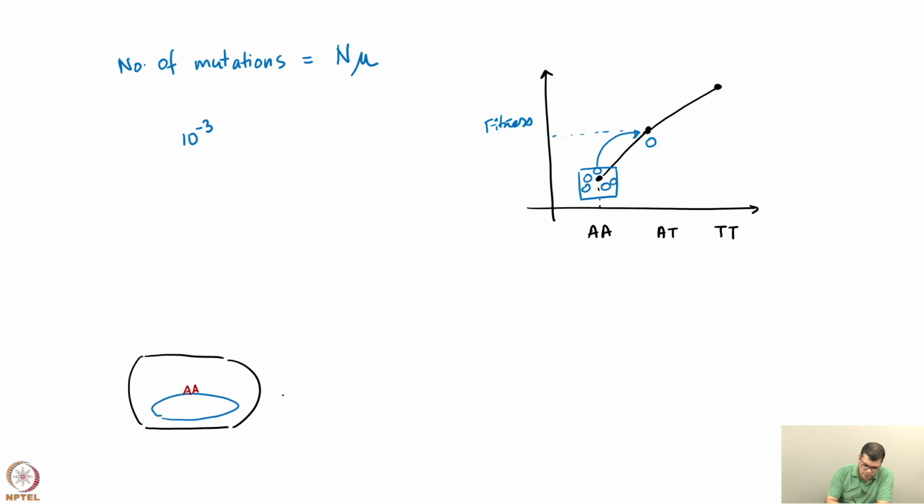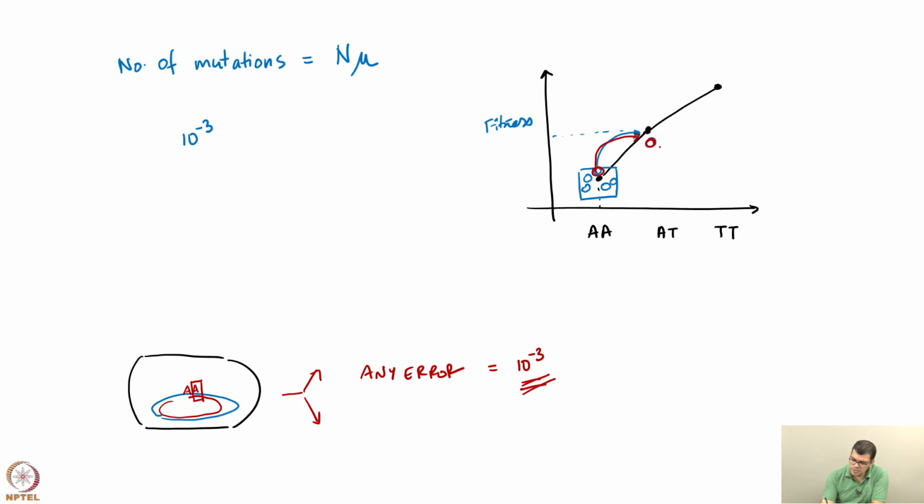The chance that during replication any error will happen, which could be anywhere on this genome, is 10 to the power minus 3. The chance that the error happens at this particular location that we are interested in is obviously much lower than this. So, the chance of movement of the population from AA to AT via this division which leads to production of this particular progeny is much smaller than this.